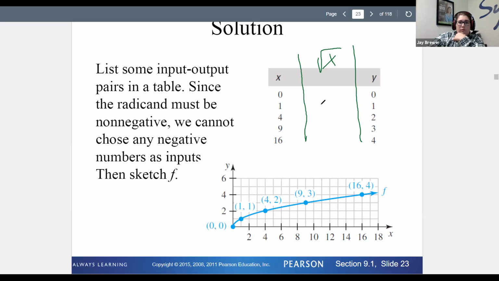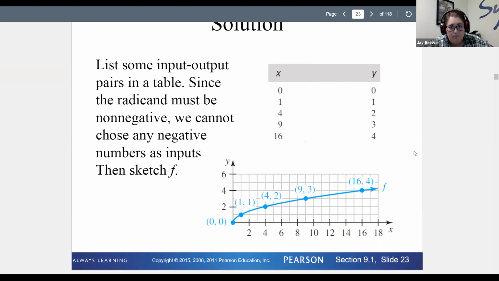Okay, so the square root of 0, square root of 1, square root of 4, square root of 9, square root of 16. Now they obviously picked perfect squares for a reason. They're not going to sit here and give you decimals, because that would be pretty gross to try to graph, right? So you want to pick smart options. All right.